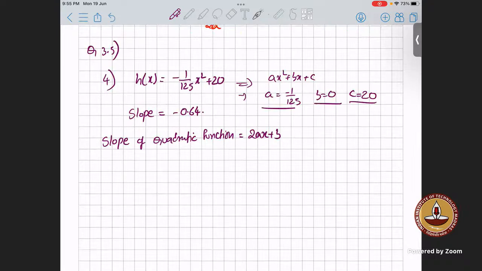Slope equal to the given slope, minus 0.64. 2 into A, which is minus 1 by 125, into x, plus 0.